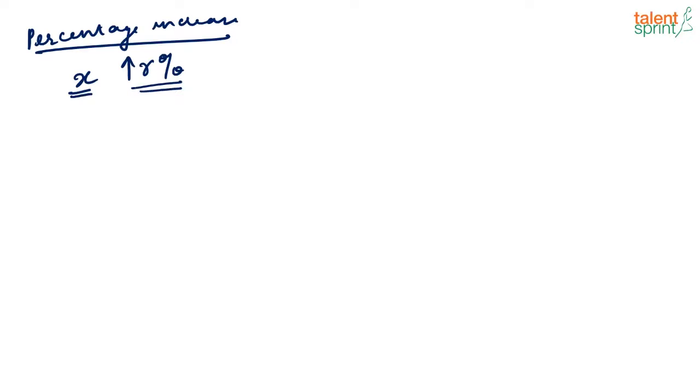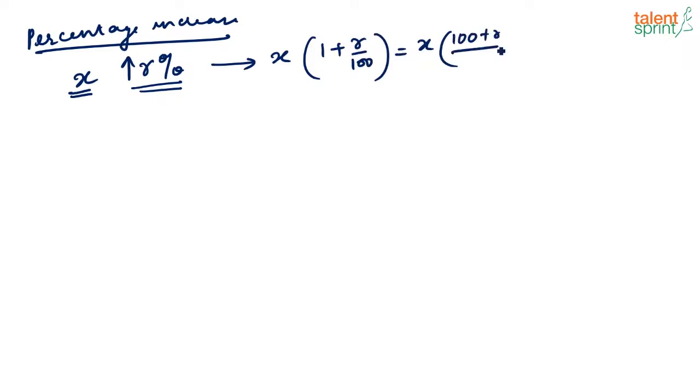Then what is the current price or current value of the article? Whenever there is a percentage increase, the final value is always taken like this: X into 1 plus R by 100, which is equal to X into 100 plus R by 100. This is how you calculate the value after the increase in percentage.